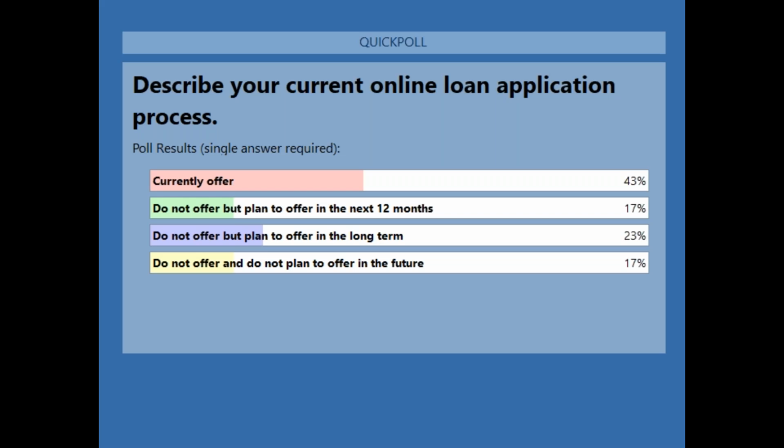Yeah, interesting results. I'm a little surprised that 43% already offer online loan application processes, but I think with PPP, it maybe pushed some of our financial institutions into doing that earlier. I love that another 40% are planning to do that. I think it really speaks to the current environment we're in, having those e-signatures.